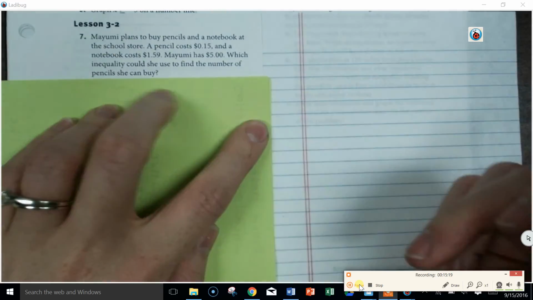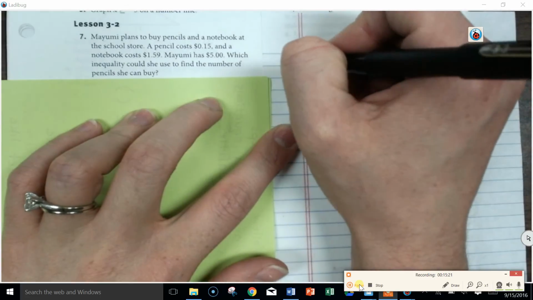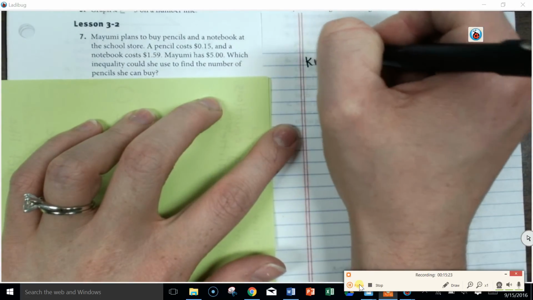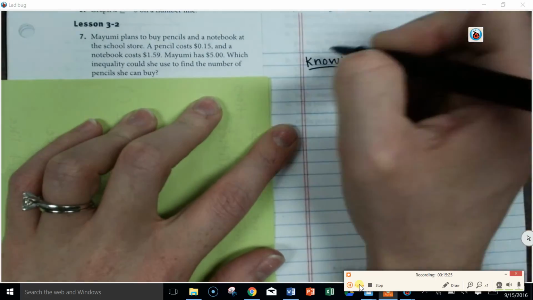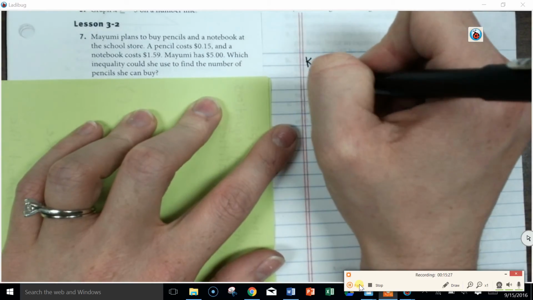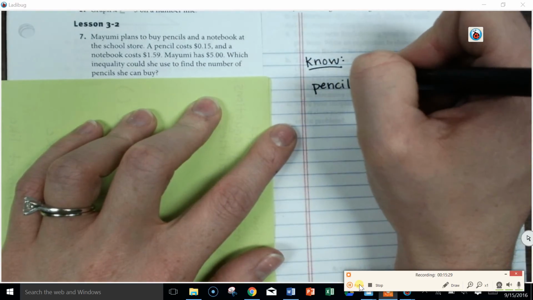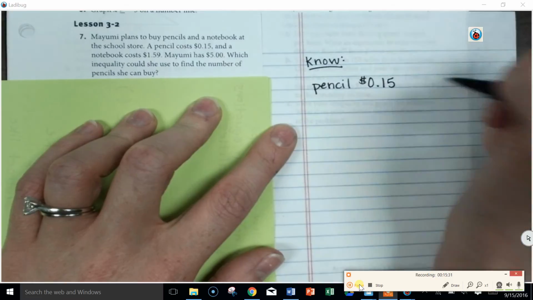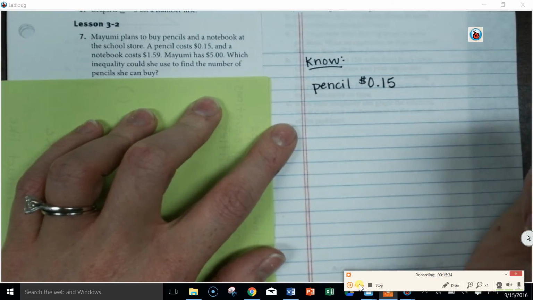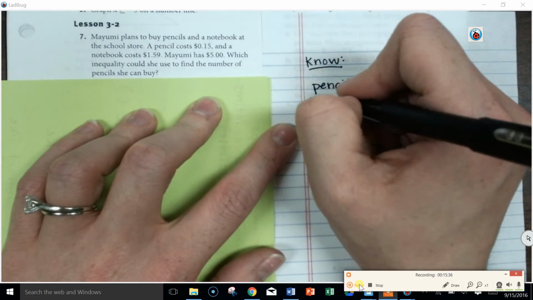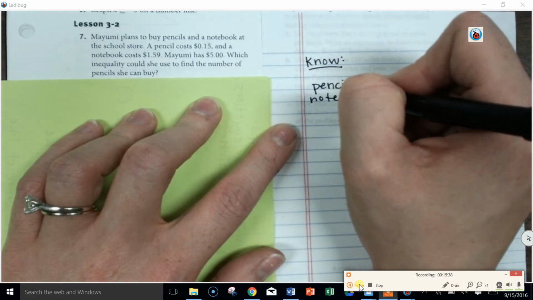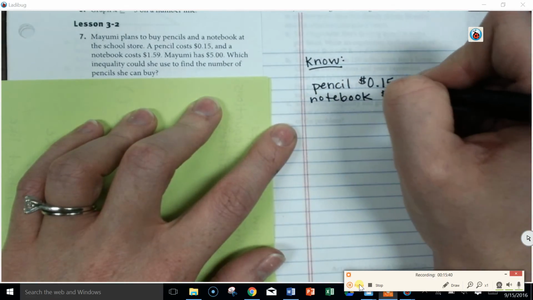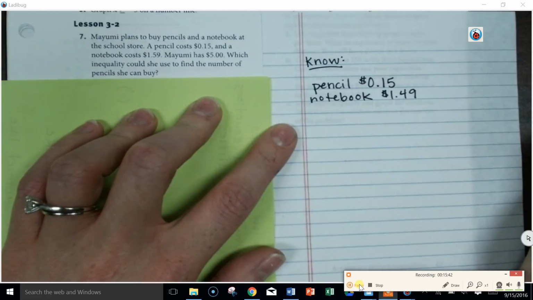I'm going to write some notes as to what we know. So here's what we know. We know that a pencil is 15 cents. We know that a notebook is $1.49.